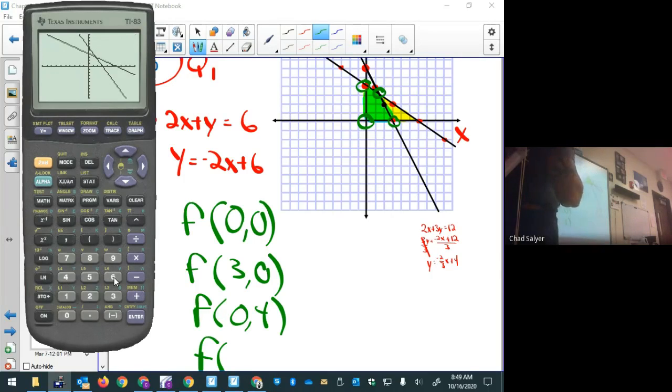So this point of intersection is what we're concerned about. And we see it's 1.5, 3.